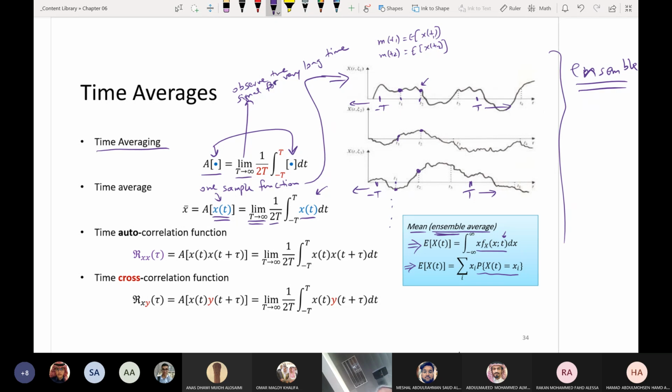So the average for x of t for this time function is calculated as x bar, which is given by this. Now, if I calculate the average for another time function, I will get another x bar, and so on. Okay? Now we will talk about what this average means.